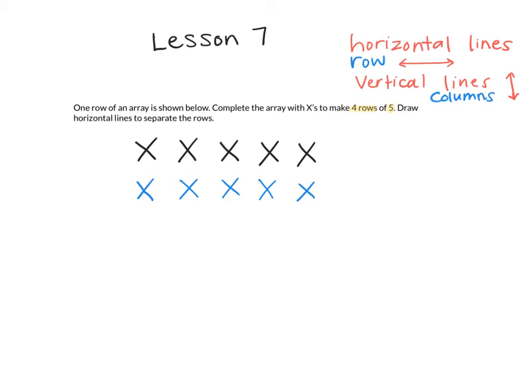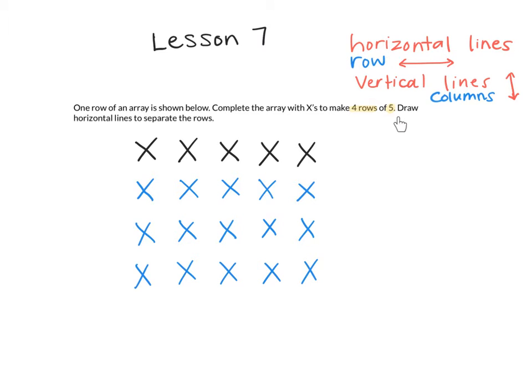I need another. 1, 2, 3, 4, 5. So now I have 3 rows. I need 4. 1, 2, 3, 4, 5. Okay, so now I have 4 rows, and inside each row is 5. So I did the first part of the problem.